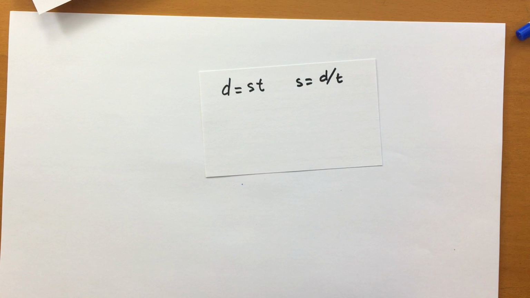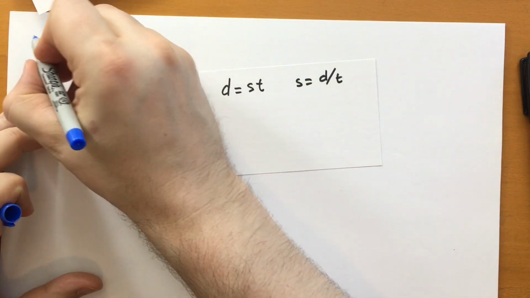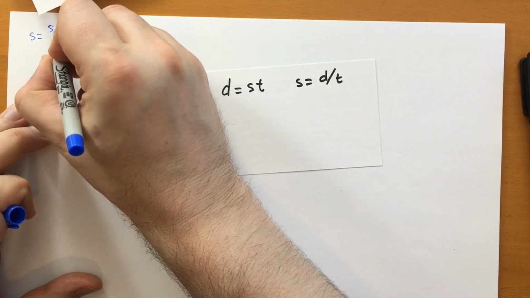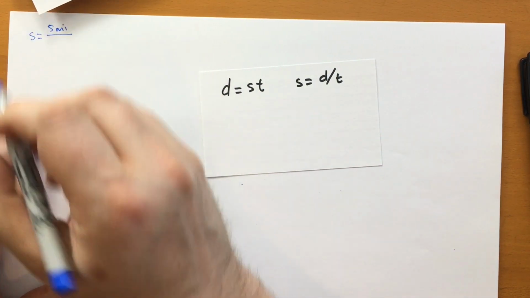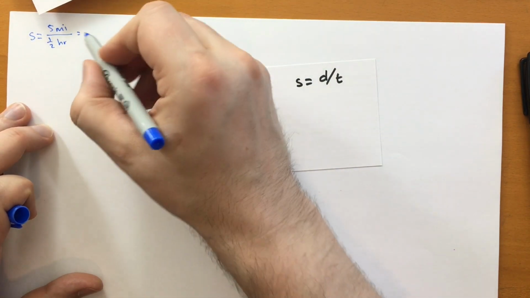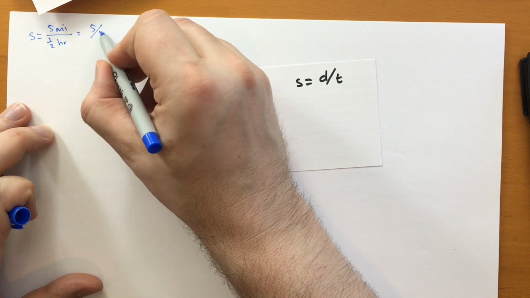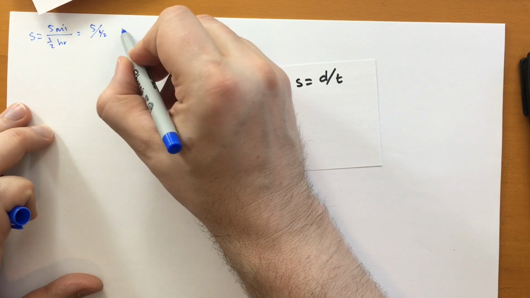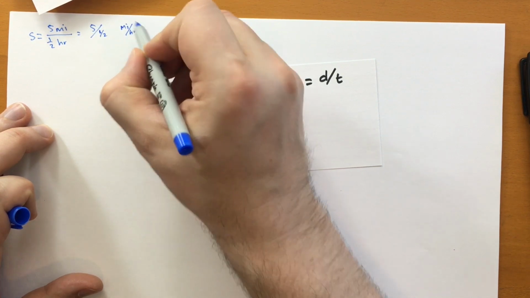Okay. So if you traveled 5 miles in 1/2 an hour, how fast were you going? Let's use a nice blue again. So speed is equal to 5 miles divided by 1/2 of an hour. So we get 5 over 1/2, miles per hour.